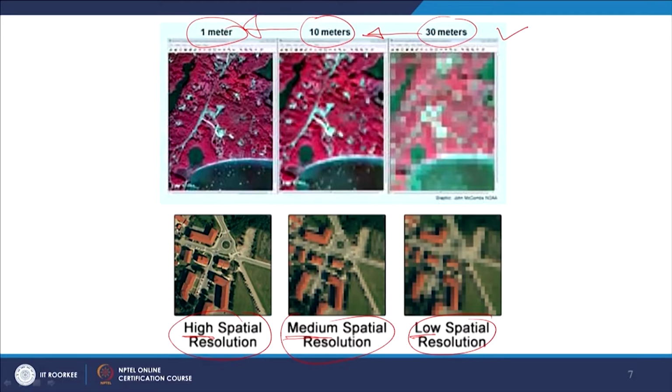Otherwise, none is the highest and none is the poorest, because in remote sensing even 30 centimeter spatial resolution satellite images are available, and at the same time people are extensively using satellite images which have 1 kilometer spatial resolution. So 1000 meter versus 0.3 meter. For different applications, different spatial resolution data are employed.